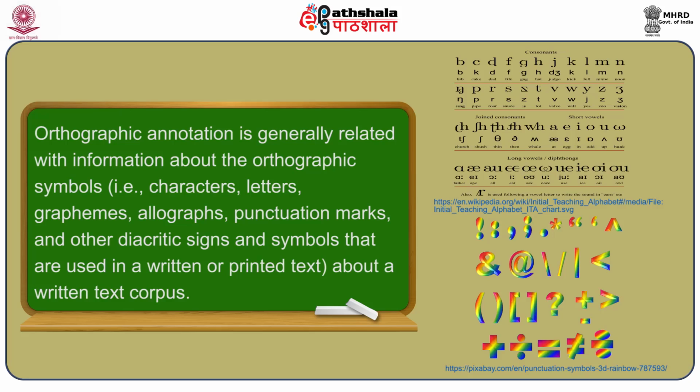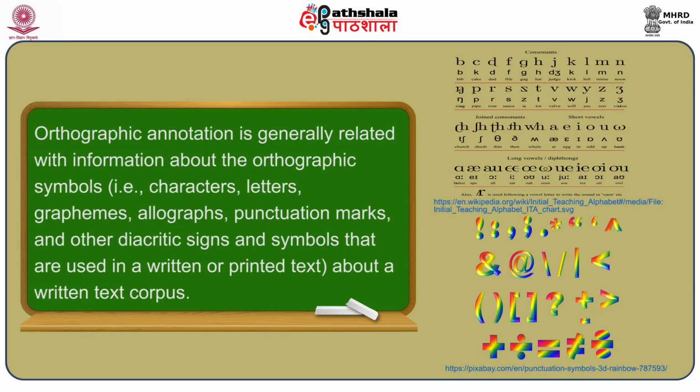Now the first point we need to take care of is, if we take a written text, what orthographic symbols can be found here? We know that there are characters. Those characters constitute vowels, consonants, clusters, punctuation marks, various other types of symbols, letters, graphemes, allographs, and many other things.